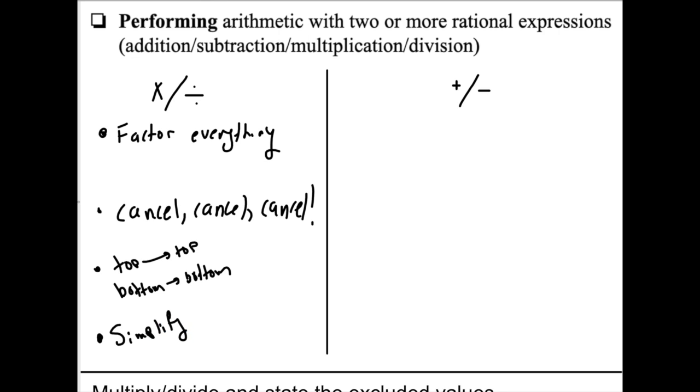All right, now what if you're adding or subtracting? So that's going to start the same. I'm going to suggest that we probably want to start by factoring everything, because what we want to do is find the least common denominator.